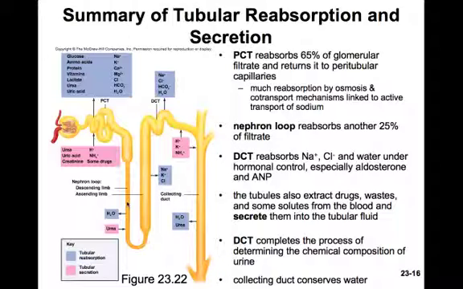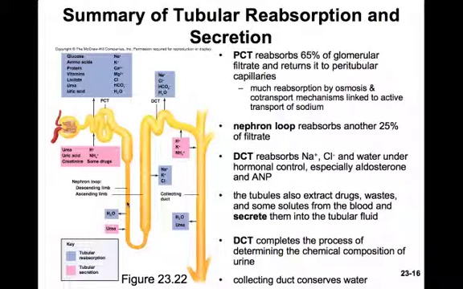And the proximal convoluted tubule is where we have this mandatory amount of reabsorption. Then we have the nephron loop, where we're reabsorbing another 25% of the filtrate and setting up the osmotic situation for the collecting duct later on. We'll come and revisit that in the next phase.